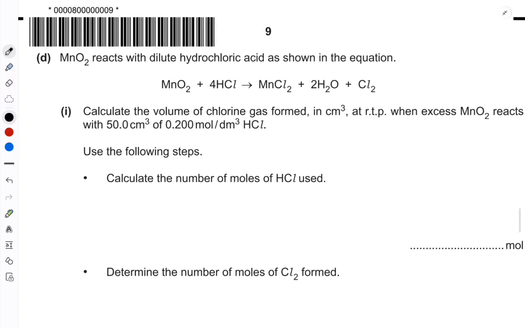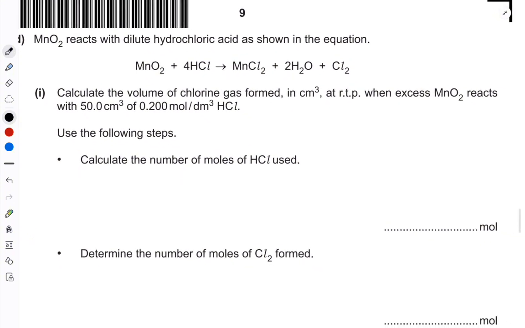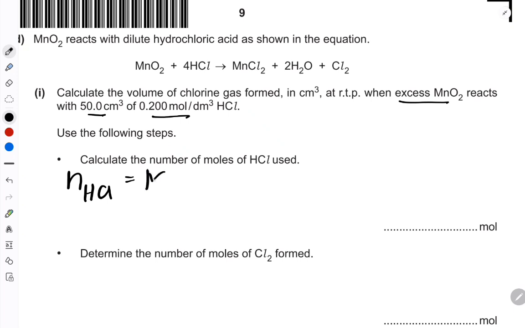Manganese 4 oxide reacts with dilute hydrochloric acid as shown. Calculate the volume of chlorine gas in cm cube when excess MnO2 reacts with 50 cm cube of 0.2. Calculate. So of course first use n, the amount of HCl. We use the formula MV over 1000.